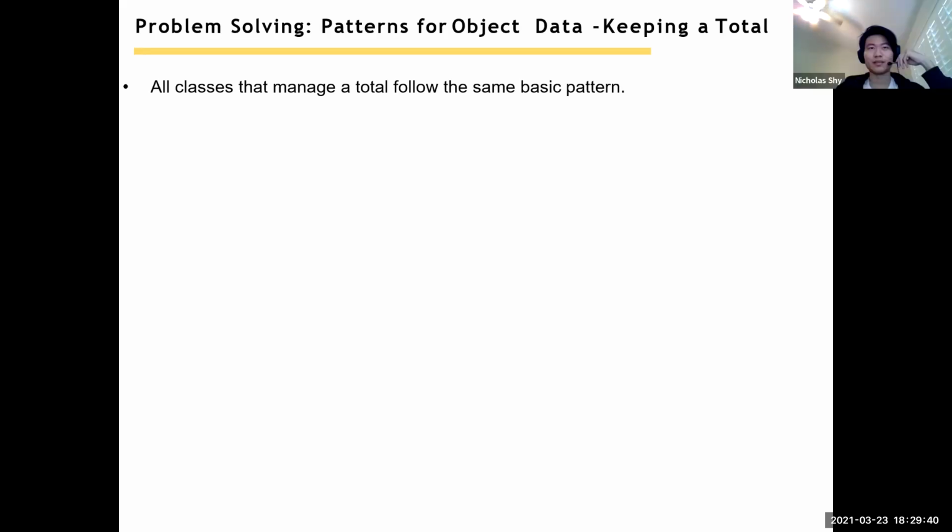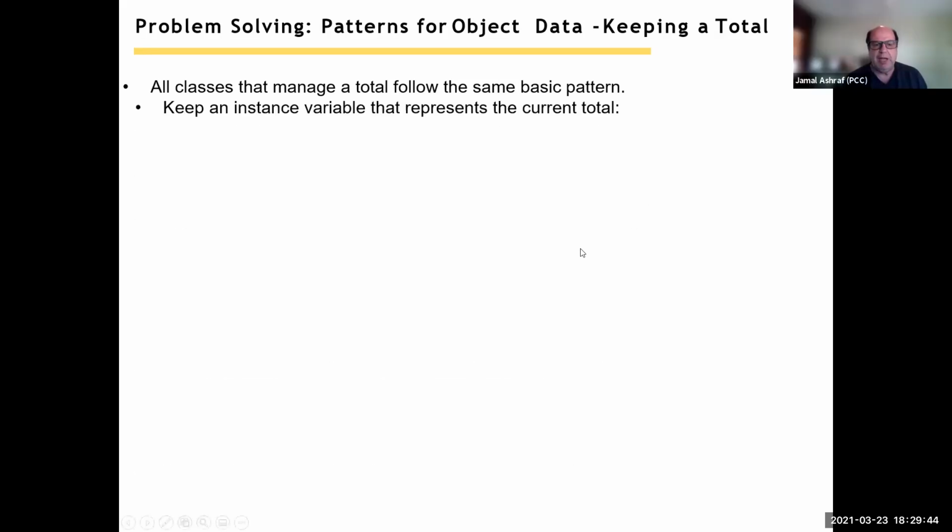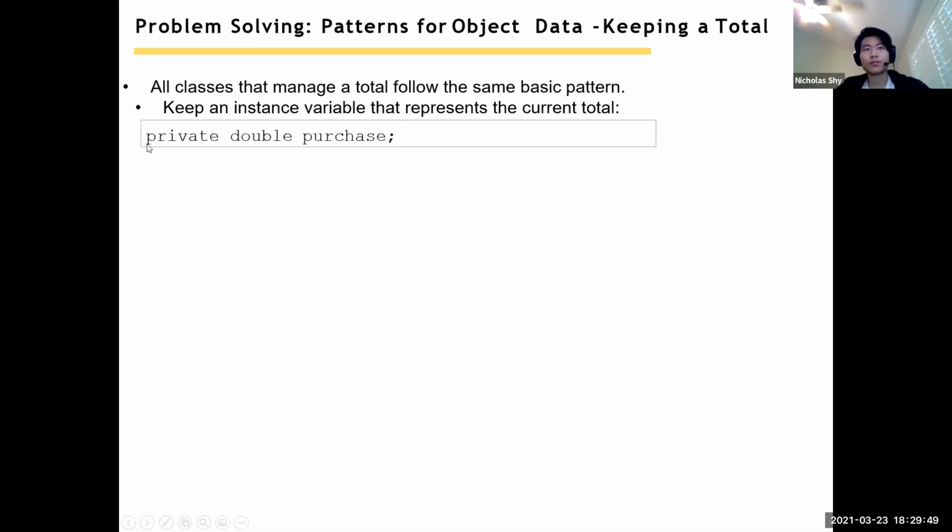Declare an integer. We're going to have an instance variable for our total, okay? So I'm going to create a private double purchase.